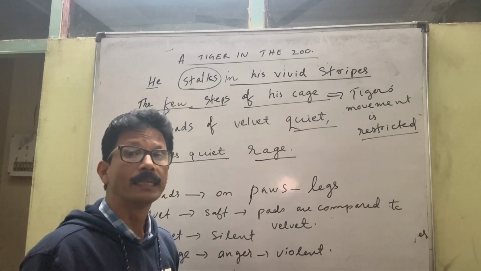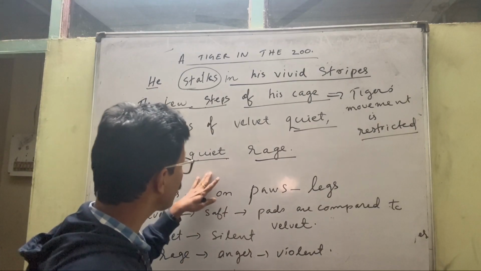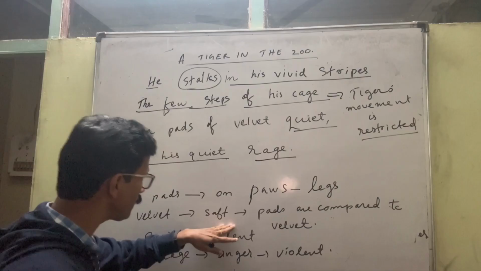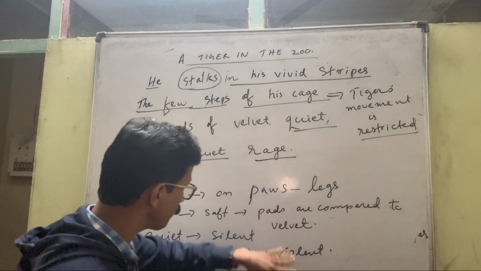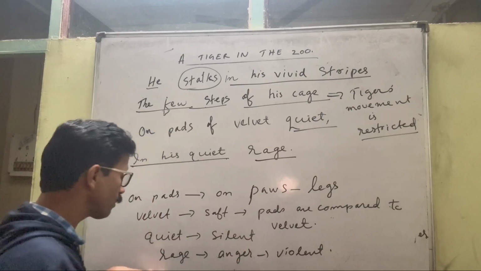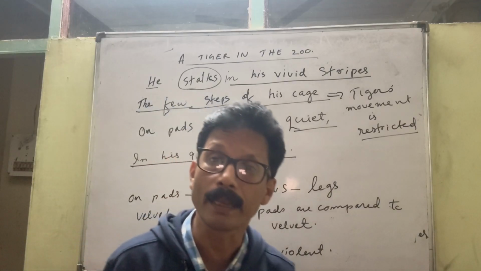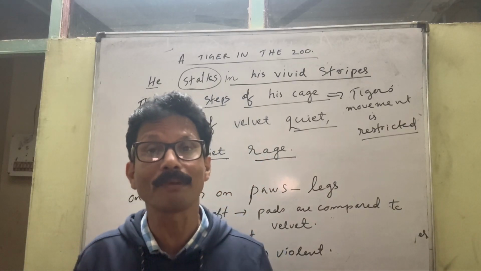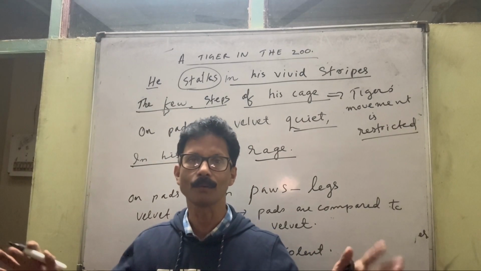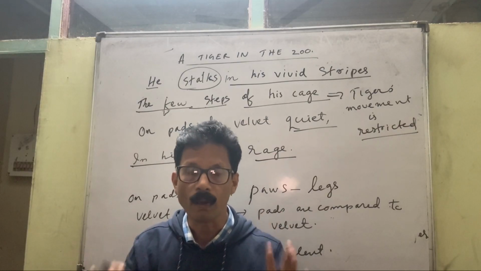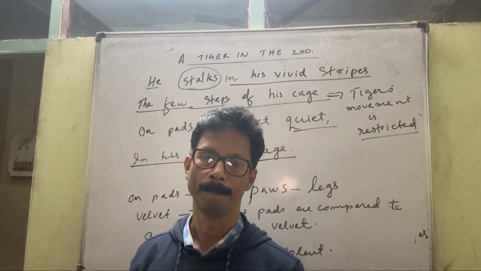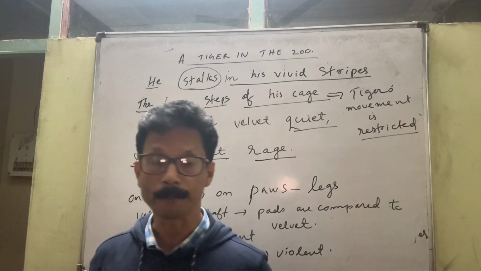Okay. Now, after understanding the word meaning, I have already written here on pads and on velvet. Pads are compared to velvet, and the quiet means silent. He is angry, but that anger is silent because he knows it is of no use. There is no benefit in being angry because he is helpless, he is locked up, he is in the captivity of man, which the poet does not like.